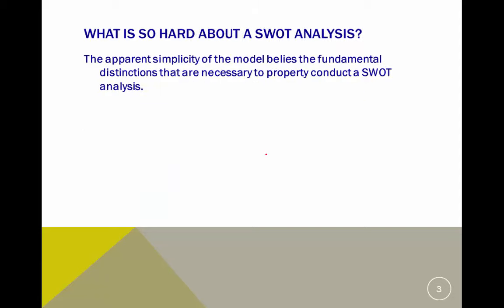So why is it so hard? Well, the fact is that the apparent simplicity of the model requires fundamental distinctions to be made. And the problem is that people say, well, it's a SWOT analysis: strengths, weaknesses, opportunities, and threats. I'll start by discussing strengths.